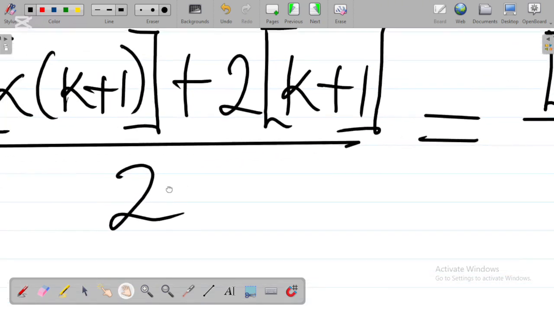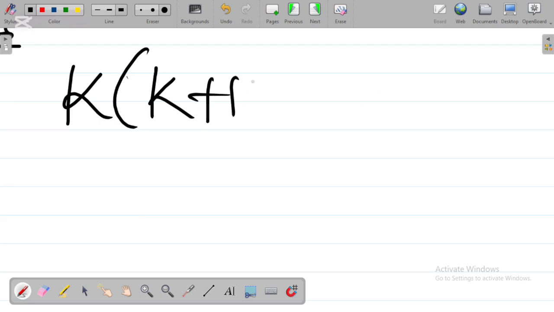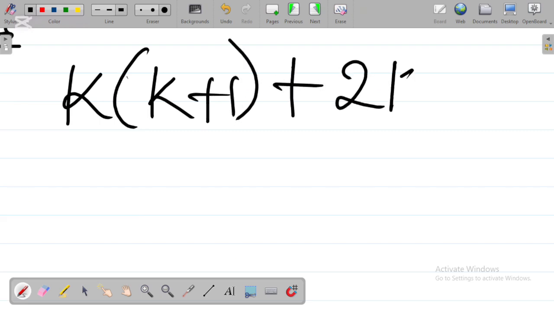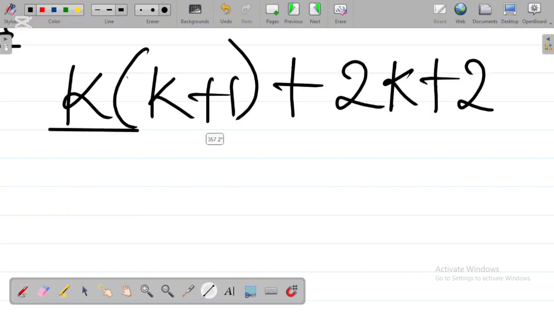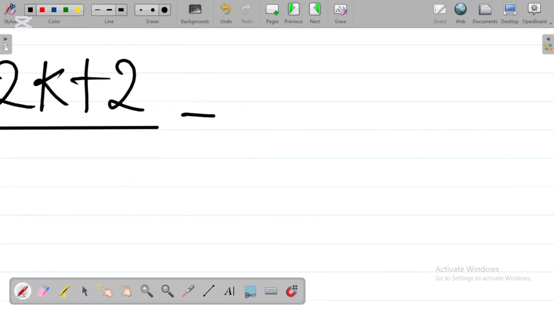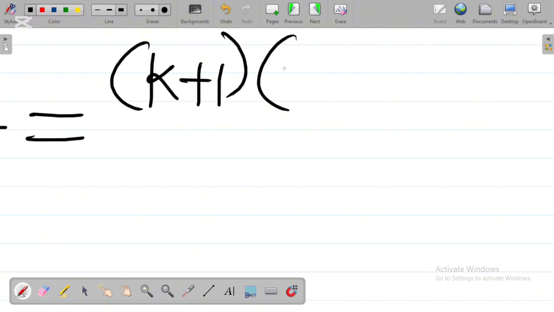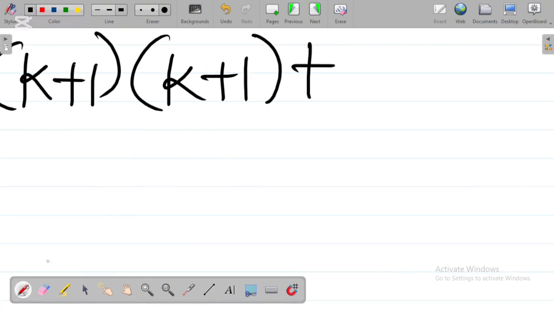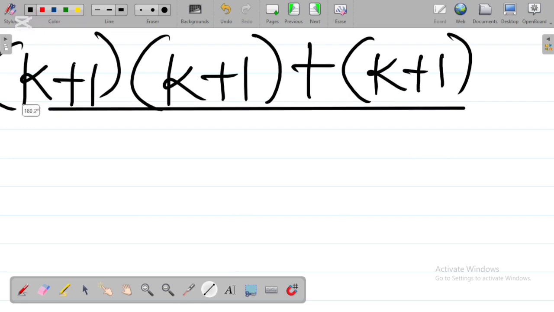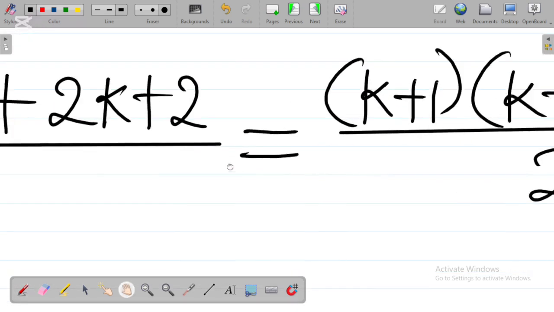So at this point, we are going to open up the bracket. k open bracket k plus 1 and then plus 2k plus 2, divided by 2, is equal to k plus 1 open bracket k plus 1 and then plus k plus 1, all over 2. So we've now opened the bracket.